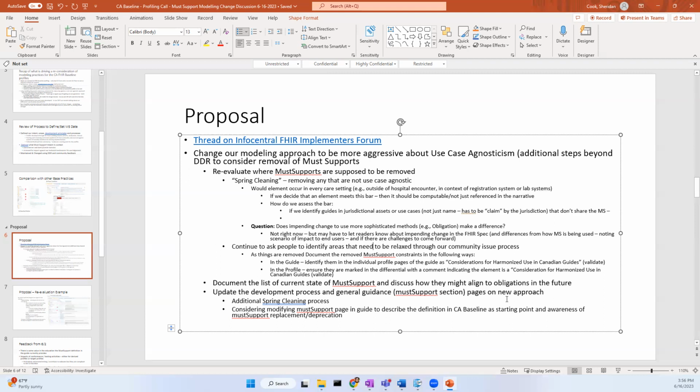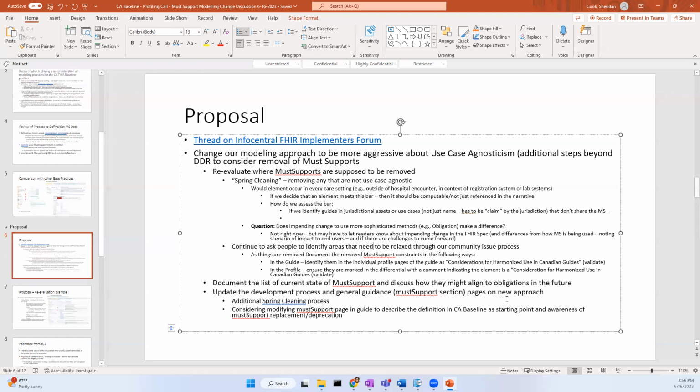Rita? I see that your hand's raised. Yeah, I was wondering if maybe rather than going the must support route, where I don't think that we can say that absolutely every use case is going to use this element. I think that's a hard thing to say. It's like never say never. But what Loink has done with their mappings and their codes is they give this frequency of use, like how many people have mapped to this particular Loink code.